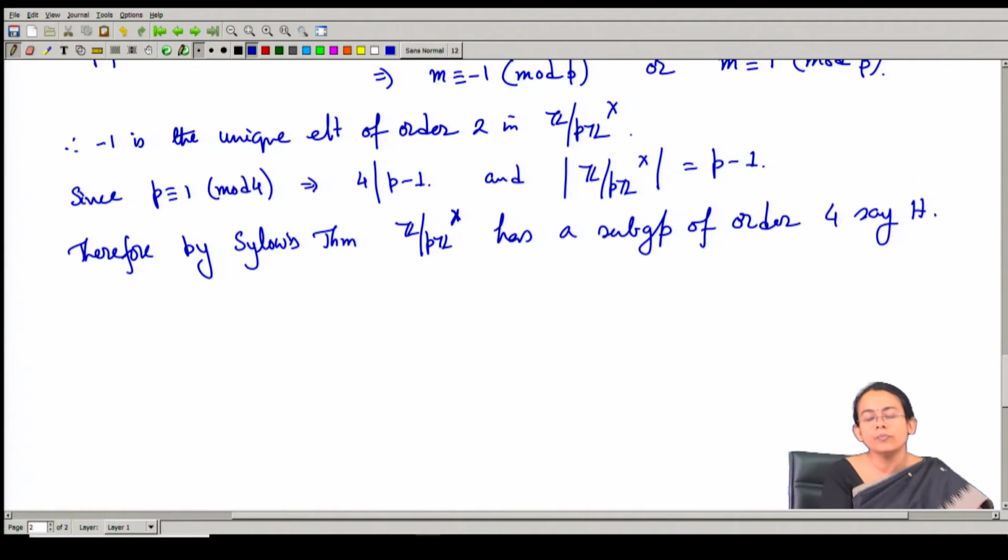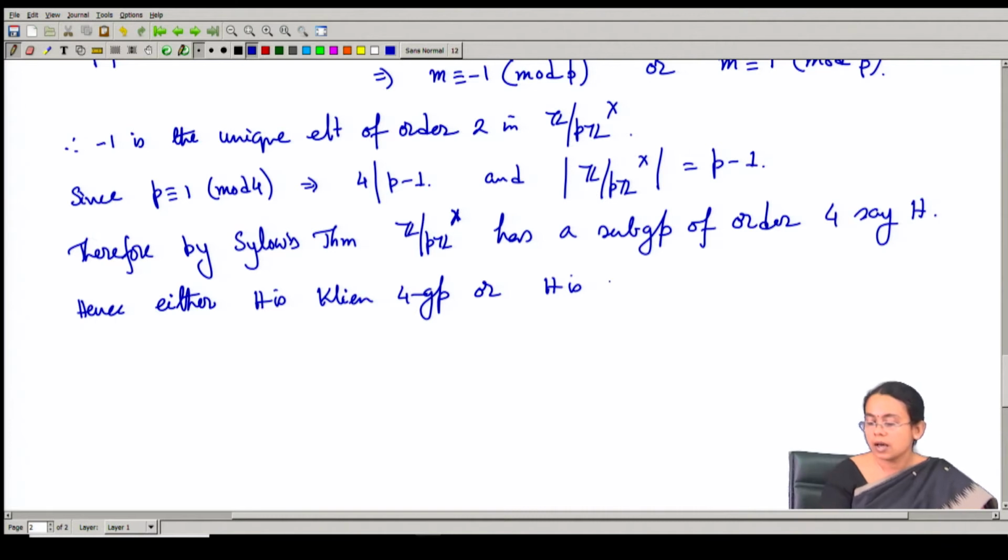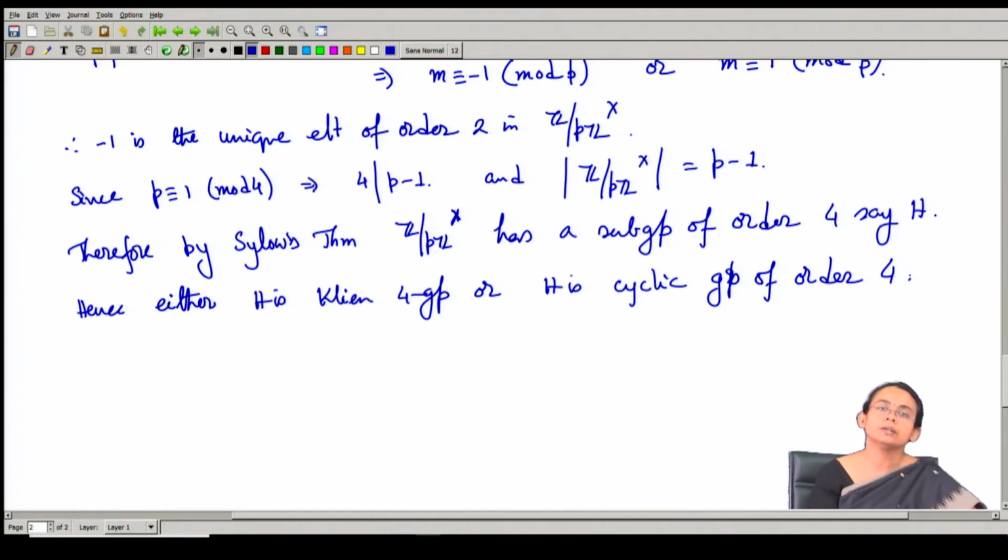So H is a subgroup of Z quotient pZ cross of order 4, and what do we know? How many different types of groups of order 4 are possible? There are only 2 possibilities for a group of order 4. Either it will be the Klein 4 group or the cyclic group of order 4. Hence either H is the Klein 4 group or H is isomorphic with the cyclic group of order 4.